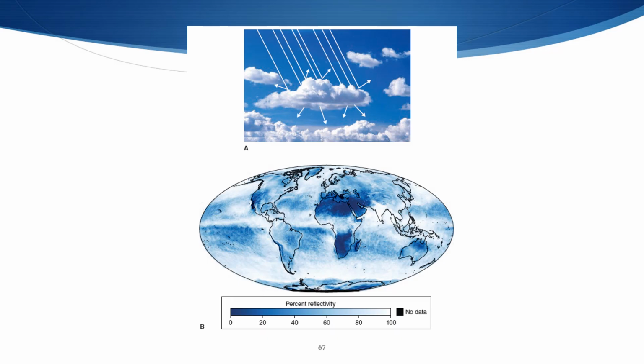There aren't any clouds there. There's nothing reflecting that back. So it's really low albedo, and a lot of that solar energy is being absorbed there. We've got some deserts down in southern Africa too, so that's what's going on there.